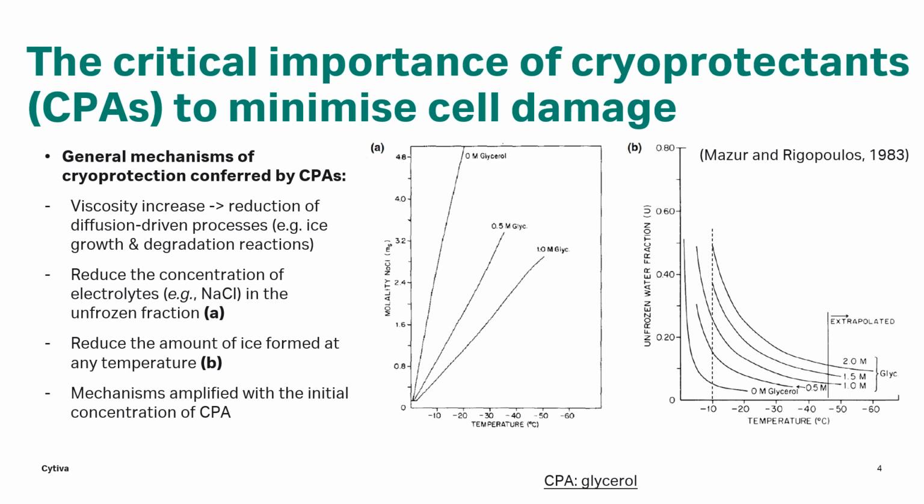An example of this is shown in image A here from Mazur and Rigopoulos. They can also change the viscosity of a solution to reduce the damage of diffusion-driven processes, and they can also lower the freezing point of a solution and the ice fraction formed at any given temperature, as is shown in image B here. The more CPA, the greater the effect they exert, although toxicity issues also become more apparent at higher concentrations.